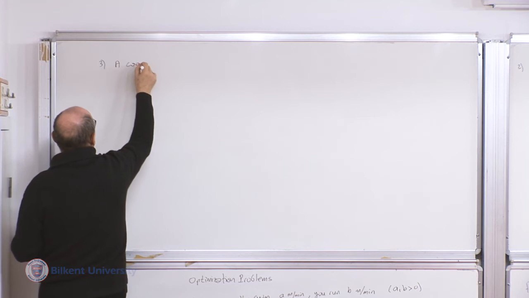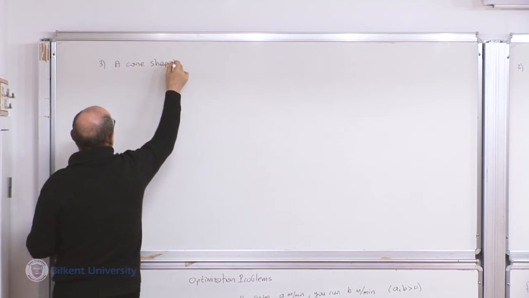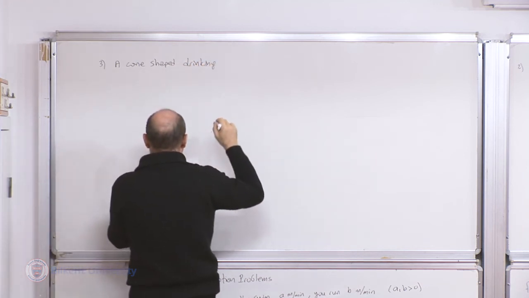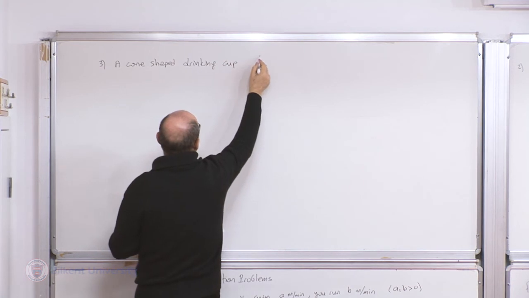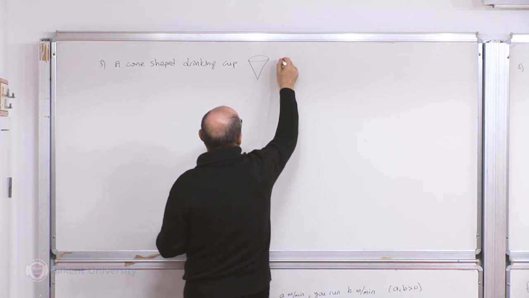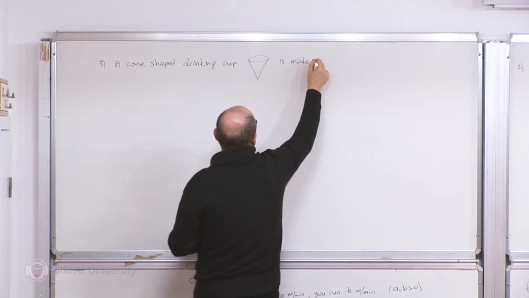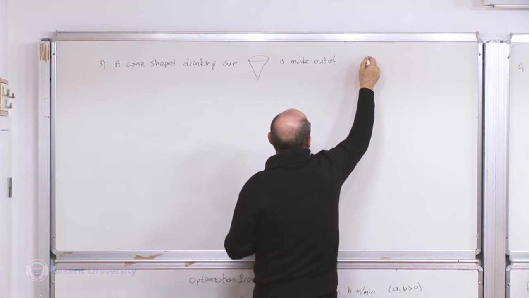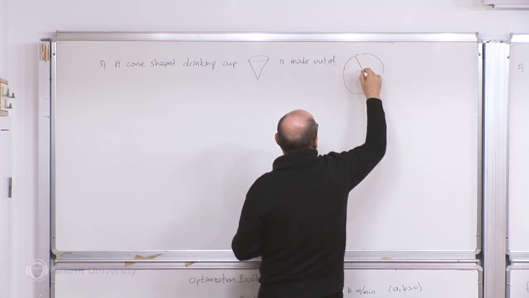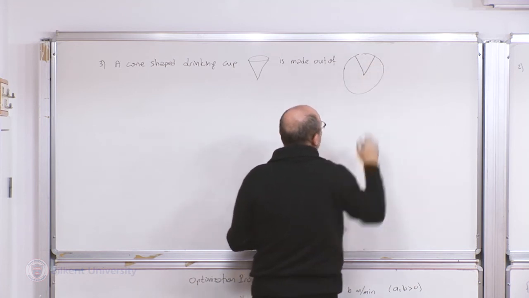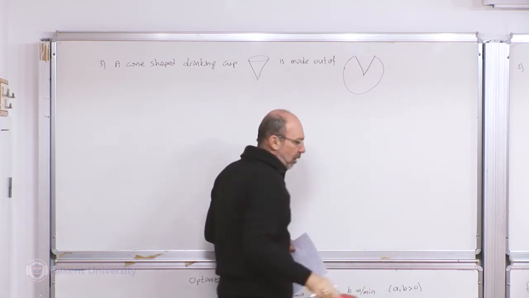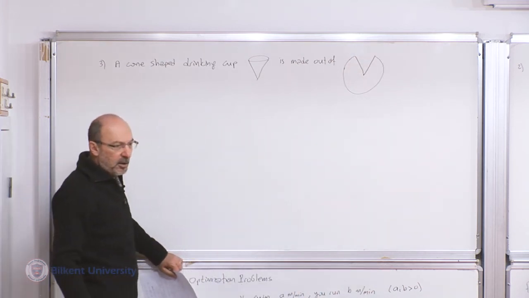A cone-shaped drinking cup. So the problem in the book is not an ice cream cup, but a drinking cup, which is of this form. It is made out of a circular disk.